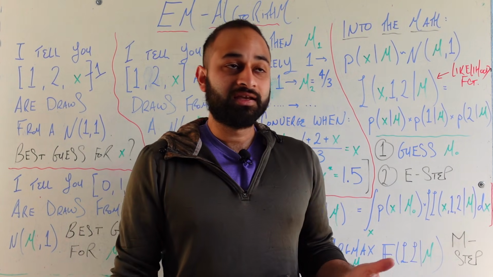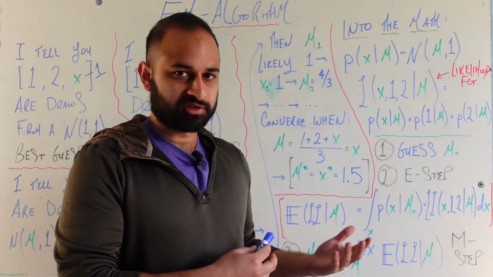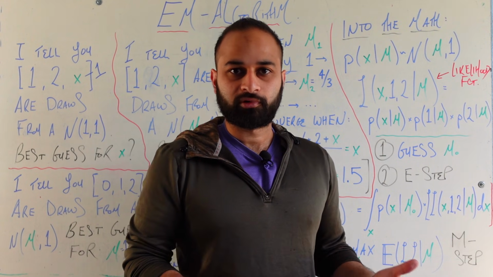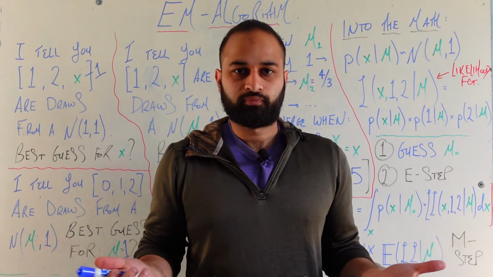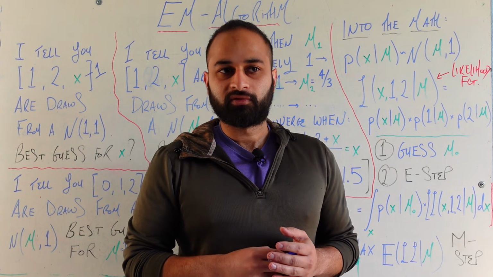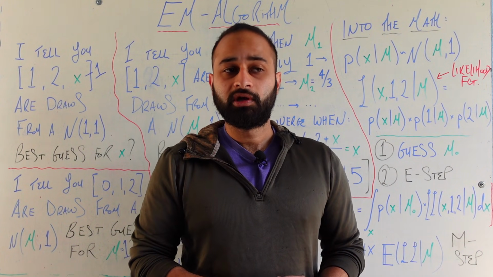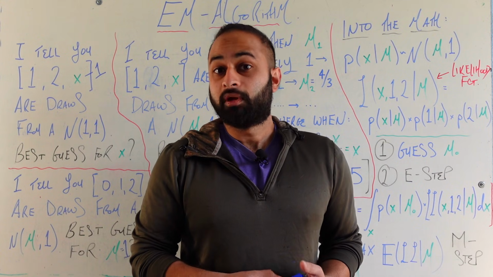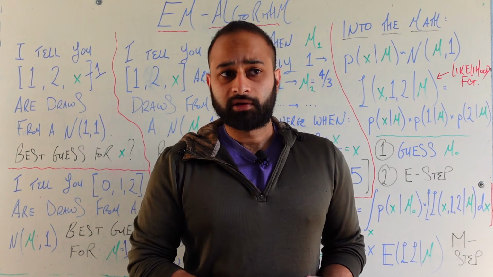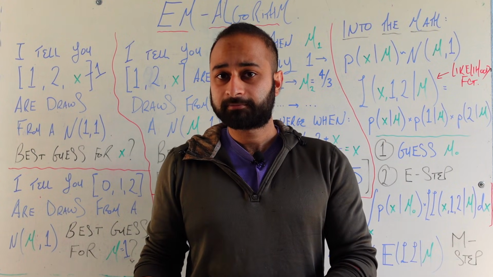If taking a derivative is extremely complicated, and I wouldn't say it is in this case, this is a baby toy example, but you can totally have real problems where taking a derivative is very difficult, and then setting it equal to 0 and solving that algebra can be annoying too. The EM algorithm can be a maybe slower, but easier to understand, interpretable way for you to get to the solution nonetheless.